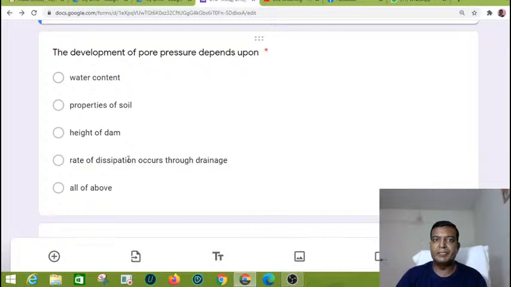The development of pore pressure depends upon water content, property of soil, height of dam, or rate of dissipation through drainage.